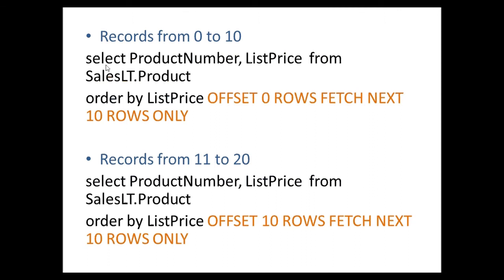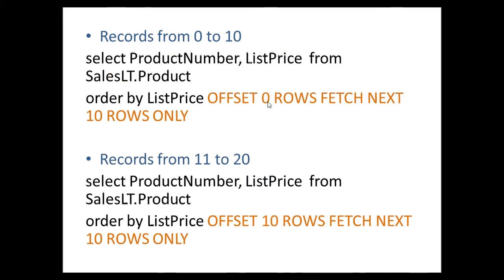So what is that? Our simple select query: select column name from table name, which is product, order by list price, and then OFFSET 0 rows, which means it will offset 0 values.